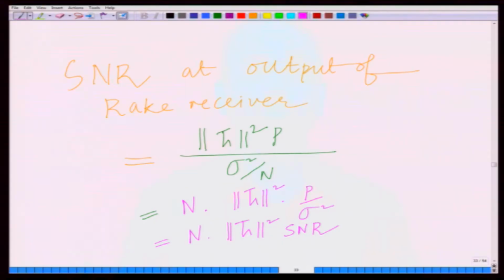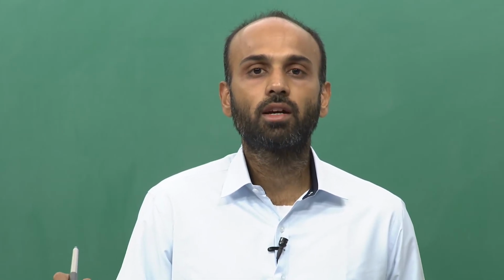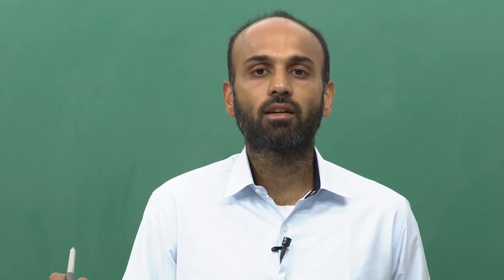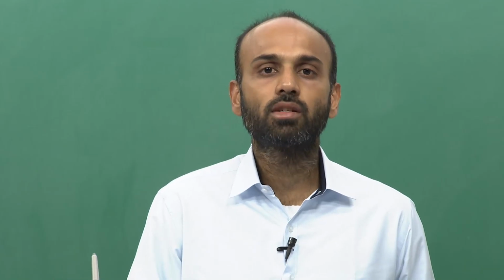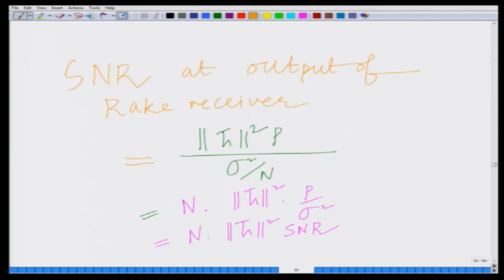Therefore, the SNR at the output of the rake receiver is n times norm h bar square times P divided by sigma square, which is the transmit SNR that we consider. And this n, as we know, is the spreading gain that is associated with the CDMA system. This is something that we have already seen, this factor of n, the spreading gain of the CDMA system.